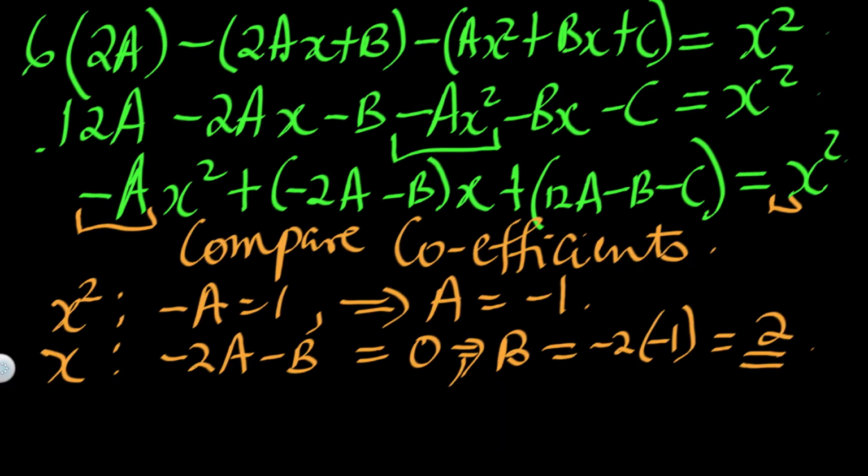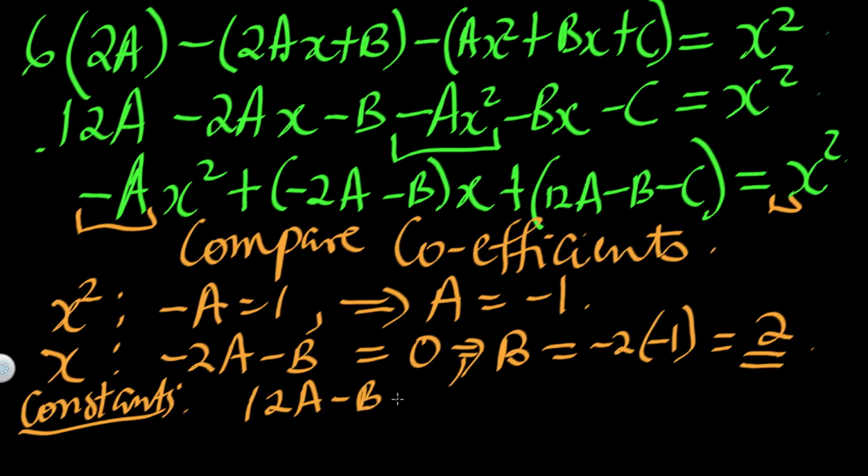We can find our c. On the c, we are comparing constants. On the left-hand side, the constant is 12a minus b minus c, which is equal to 0, because we don't have a constant on the right-hand side, so it is equal to 0. From here, we can solve for c.